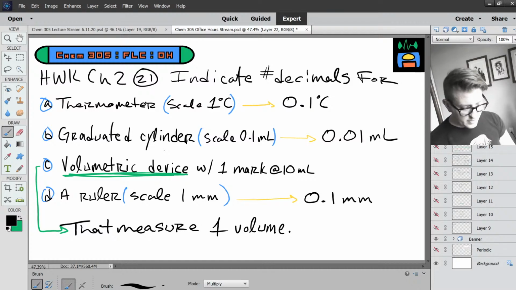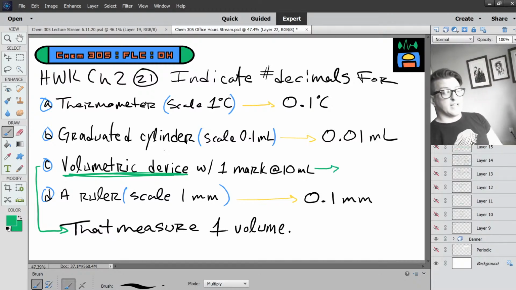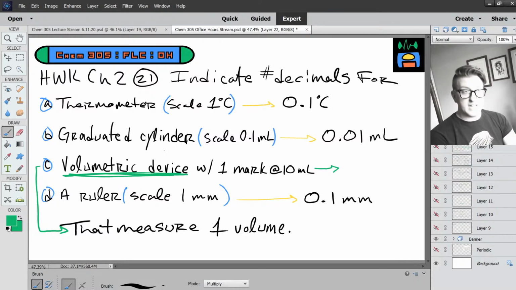So we haven't talked about this in class. You use volumetric glassware fairly frequently in lab. You'll see it in the lab videos. There will be lab videos where we use volumetric flasks or pipettes. A volumetric device means it'll measure that one volume, whatever it is, but to 2 decimal places.